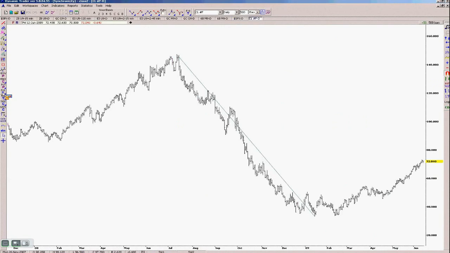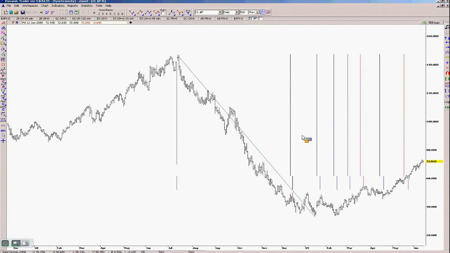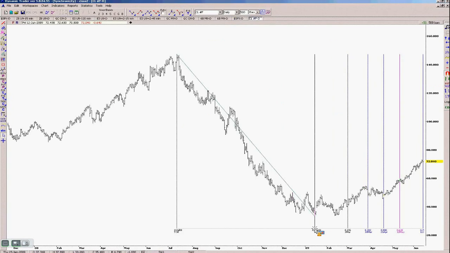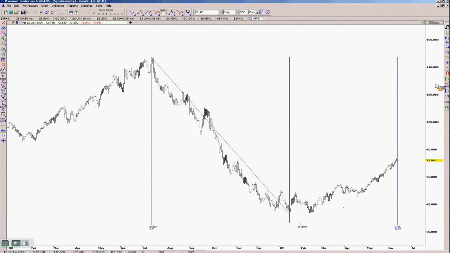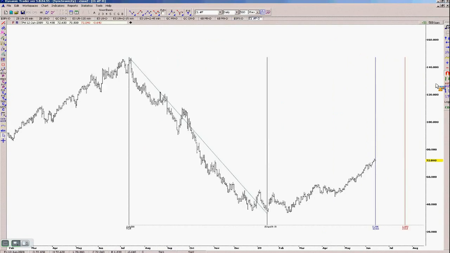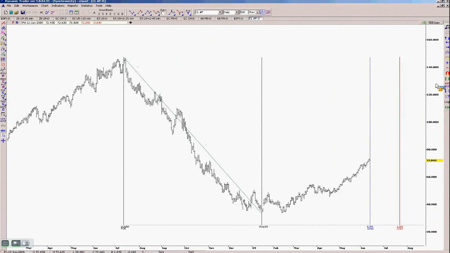So let's take the high to the low and see if there's any cycles. Okay, 786. Let's take a swing within that swing of high to a low.